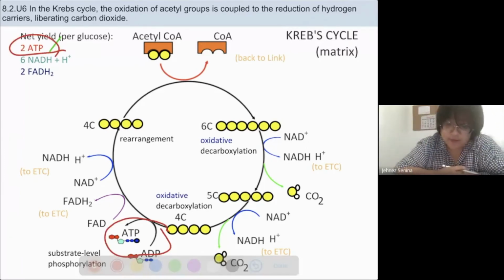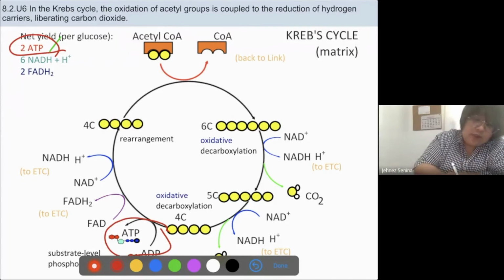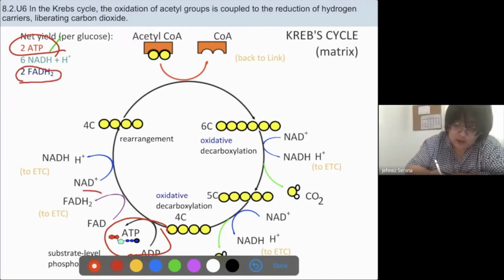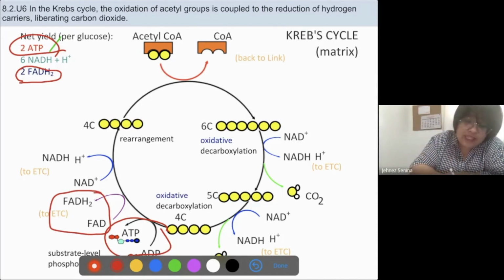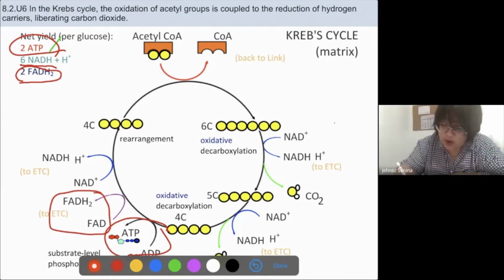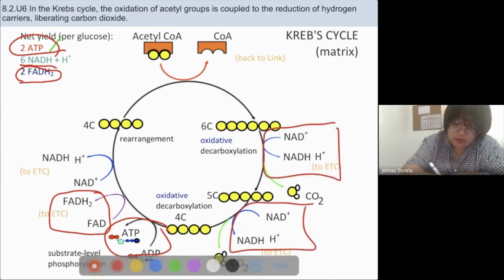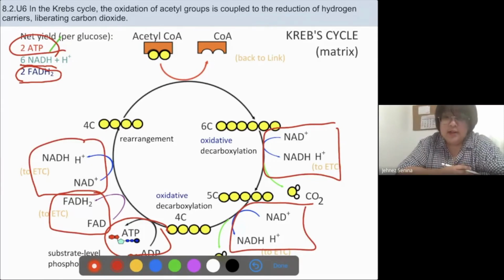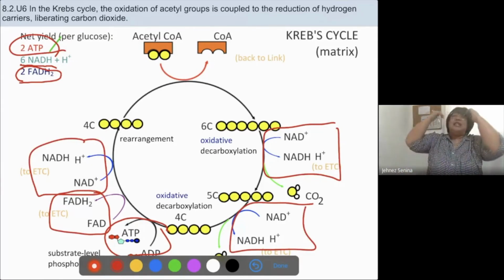Right here. You have 2 FADH2. Where did it come from? Here. Twice, so 2 FADH2. Where would the 6 NADH come from? Okay, slowly. 1, 2, 3. There. Times 2. So you have 2 ATP, 6 NADH plus H plus, and 2 FADH2.